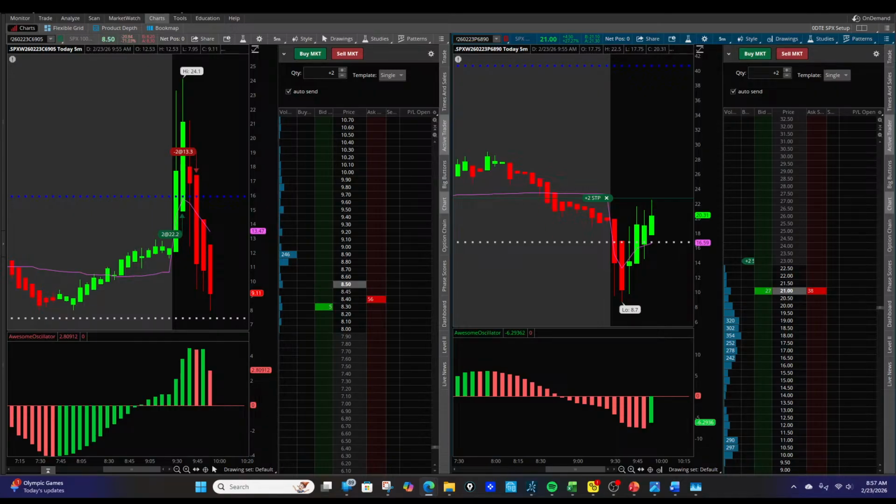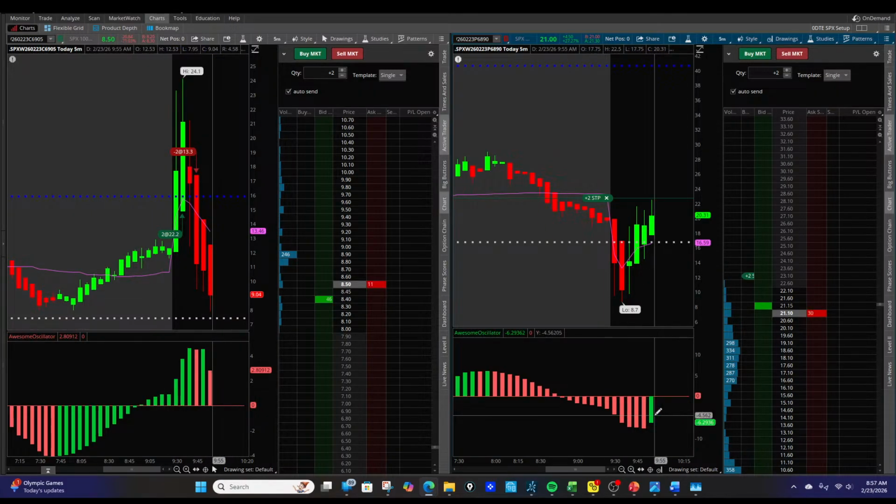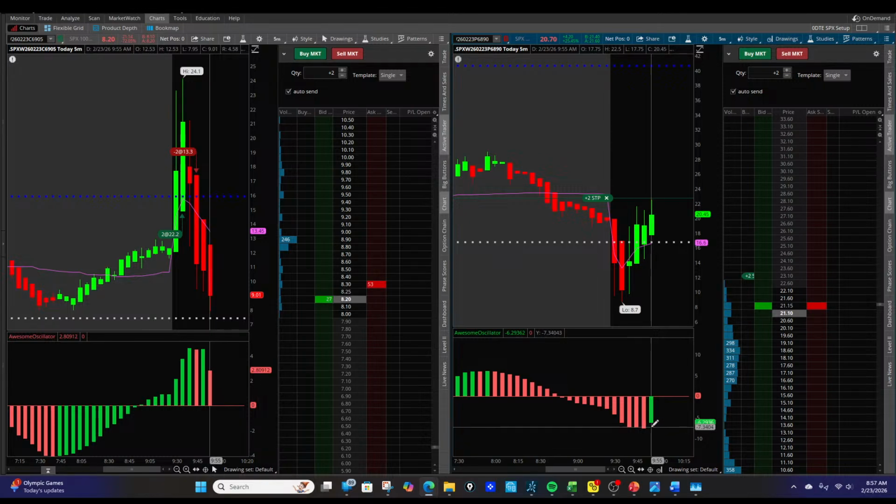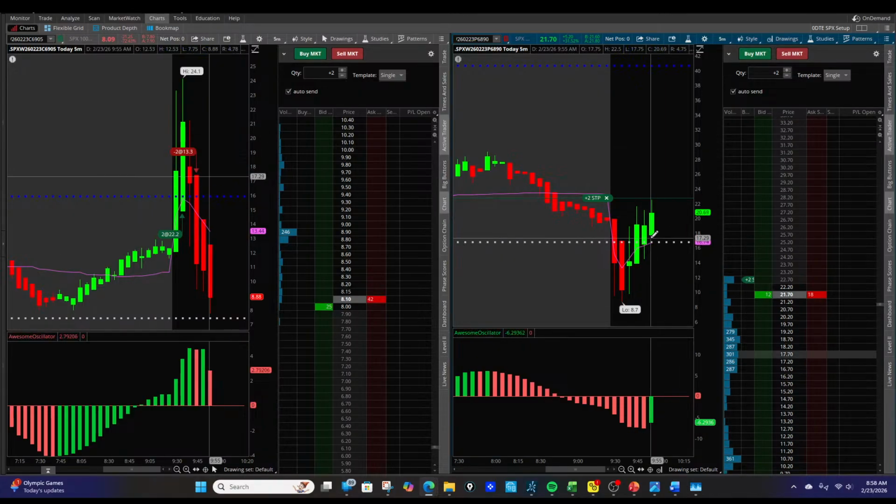All my conditions are met. I have a green bar on the Awesome Oscillator. And I've got a green candle.